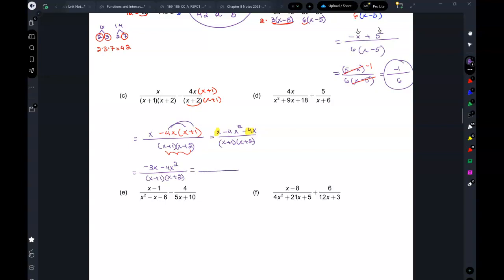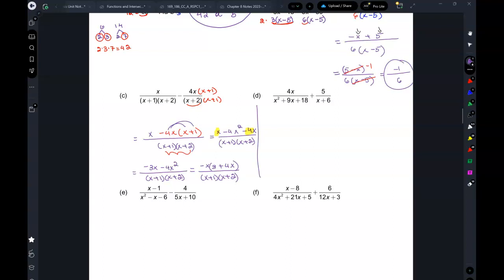All right. Here, why don't we factor out a negative x? I have 3 plus 4x, over x plus 1, x plus 2. Now, can I cancel anything out?